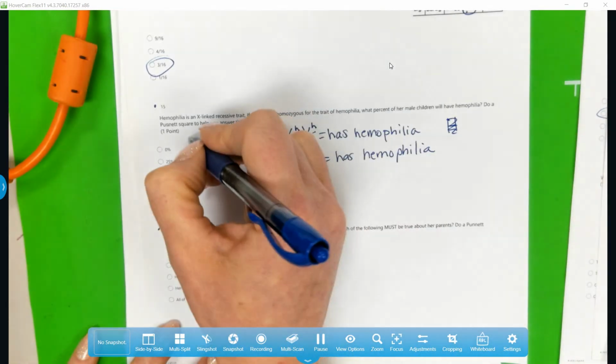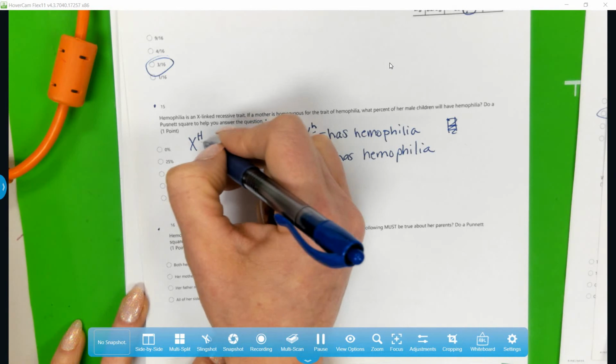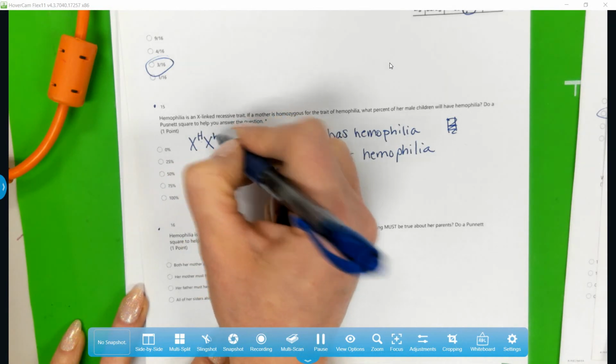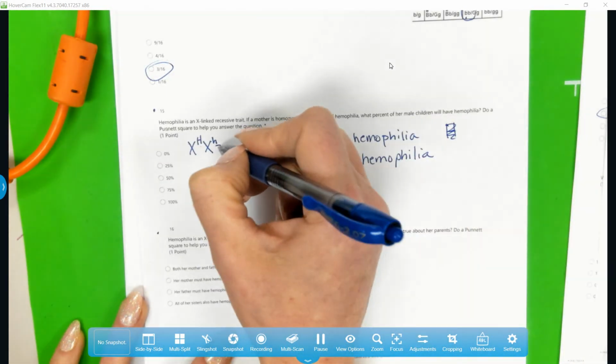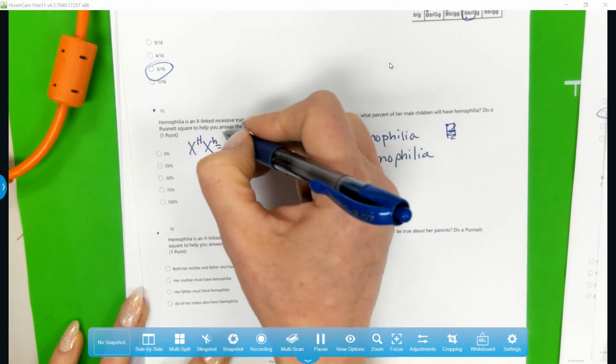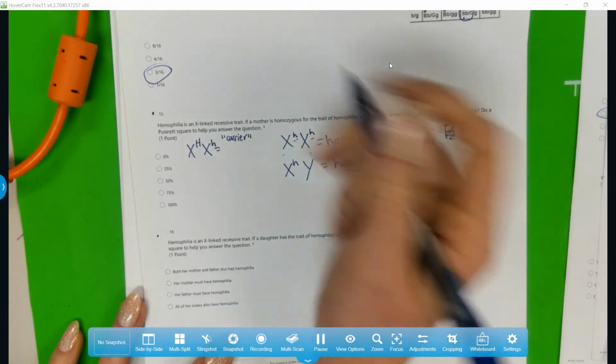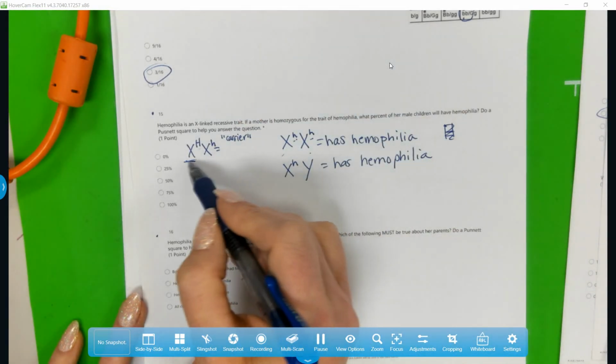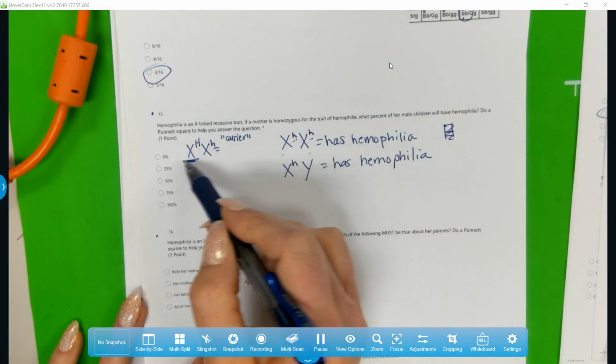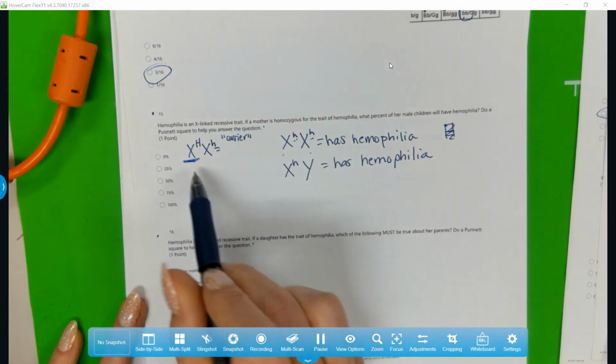So if she just has a regular healthy hemoglobin allele and a lowercase hemophilia allele, she is heterozygous. She might be a carrier because she can give it to her sons, but she already has the working allele to make regular hemoglobin. So she doesn't have hemophilia.